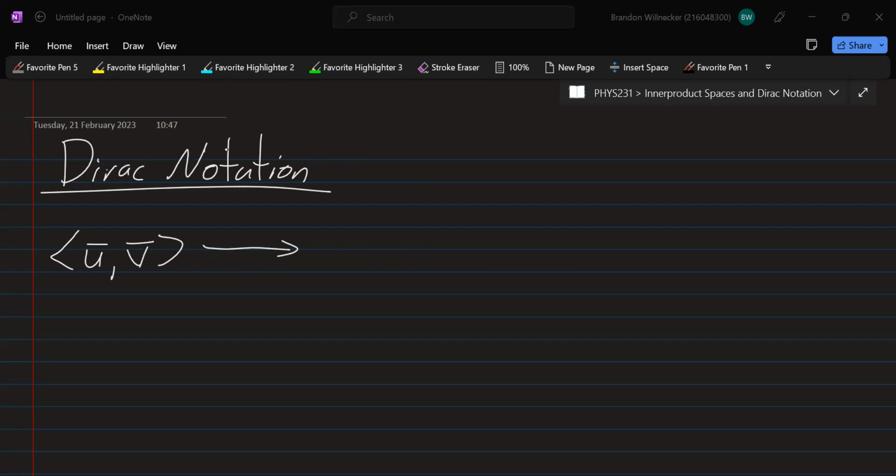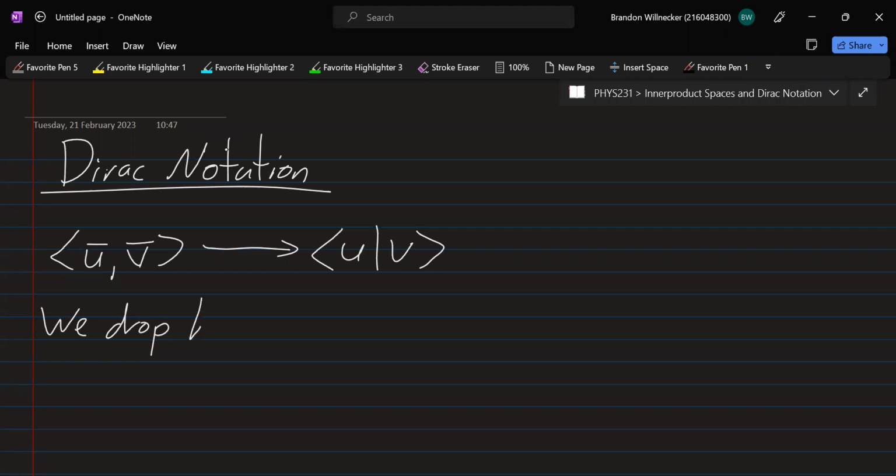So the inner product between two elements becomes u vertical line v. We drop the bar to represent a vector, and the comma becomes a vertical line. So we drop the bar above the vectors.